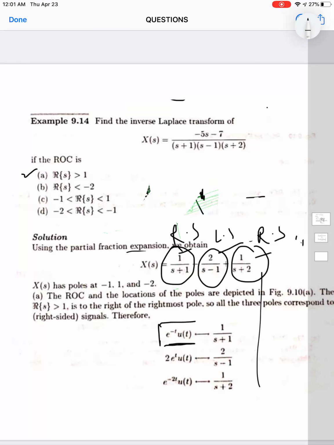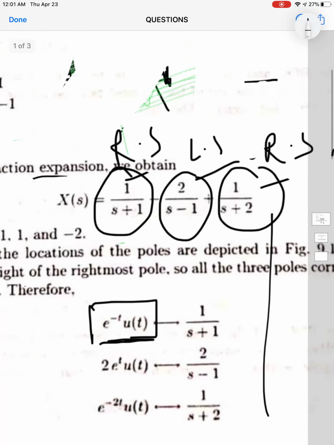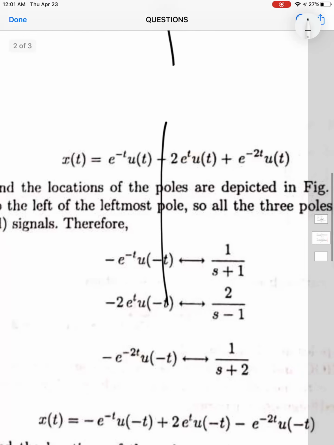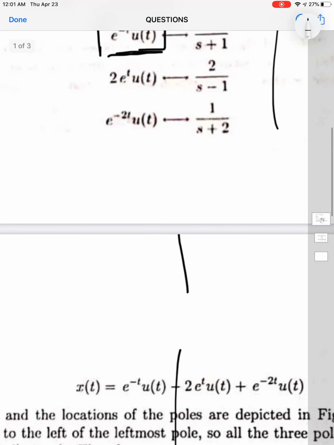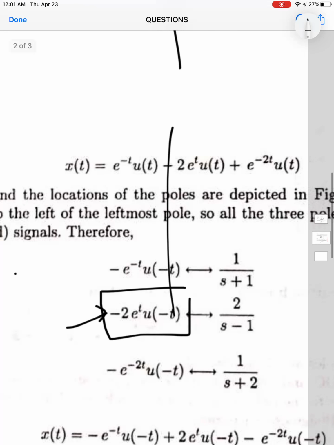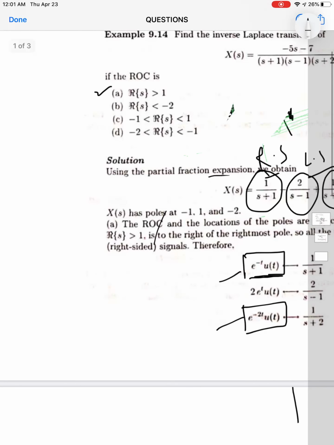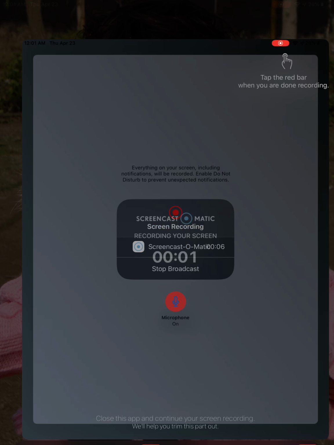So for the right sided sequence, the term will be this, and for the left sided sequence, the term will be this, and for the right sided again it will be this term. So add this and this for the C part. Similarly you can find the D part. Thank you.